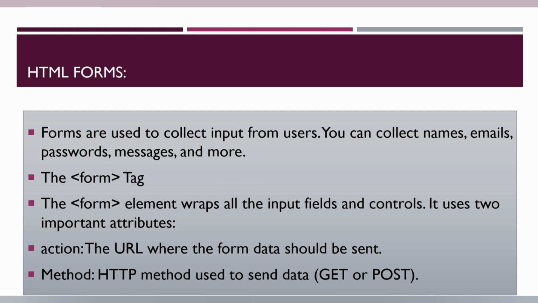Like at the bottom of the form we see send or done, submit; these are the two important attributes that are in control of that form tag. Let's go to the next slide. There we see how we are going to use these.